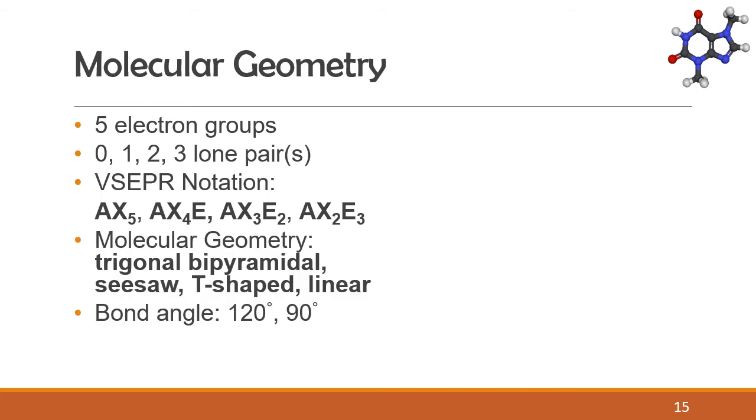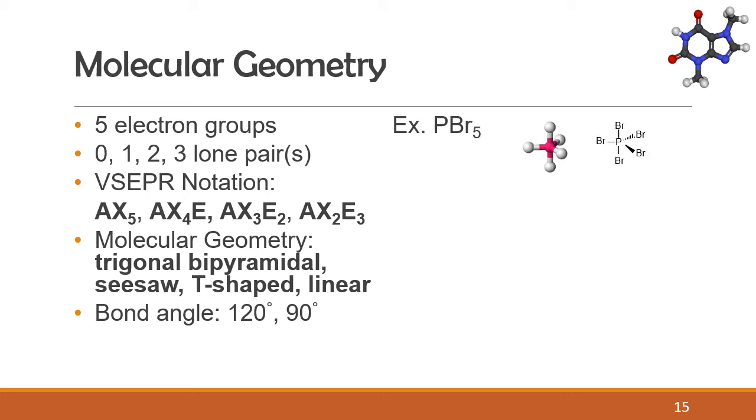The molecular geometries that form with five electron groups are trigonal bipyramidal, seesaw, T-shaped, or linear. The bond angles are 120 degrees along the equatorial plane and 90 degrees along the axial axis.